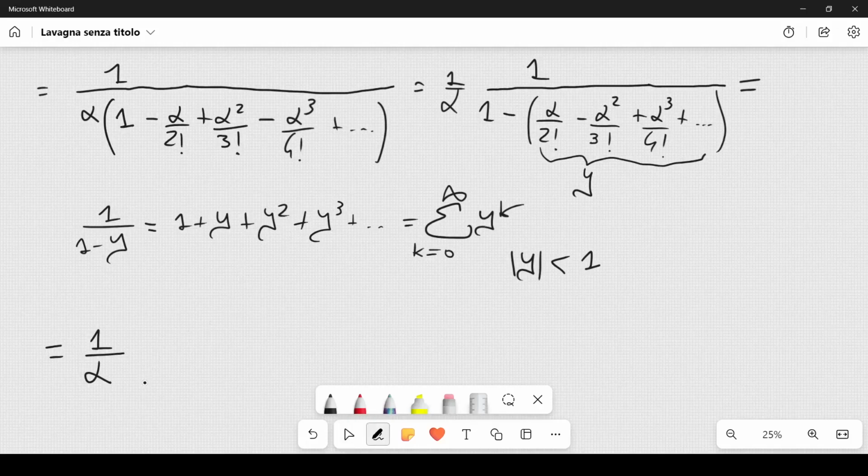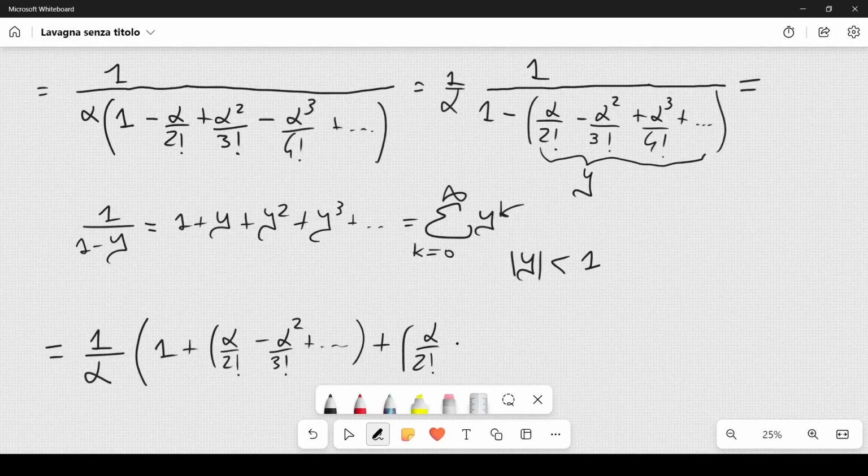Anyway, here I have a bracket, so I have 1 plus y, so I'm using this formula here, but y is just alpha over 2 factorial minus alpha squared over 3 factorial plus dot dot dot, and then you have plus alpha over 2 factorial minus alpha squared over 3 factorial plus dot dot dot squared, and you understand the pattern.